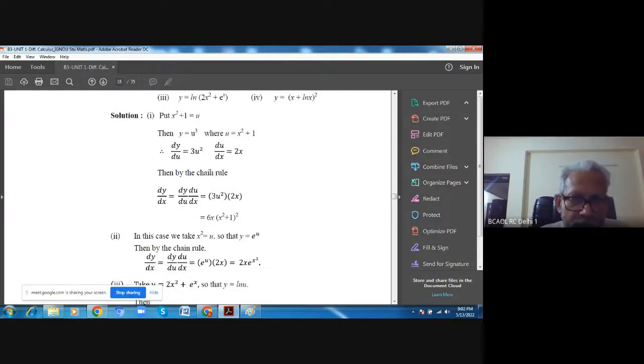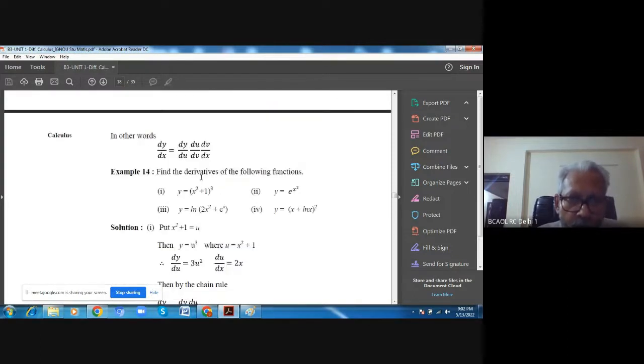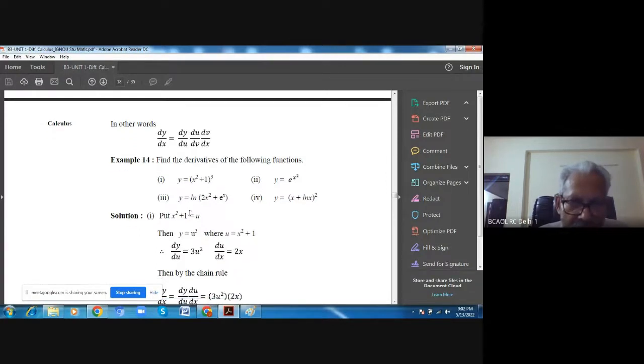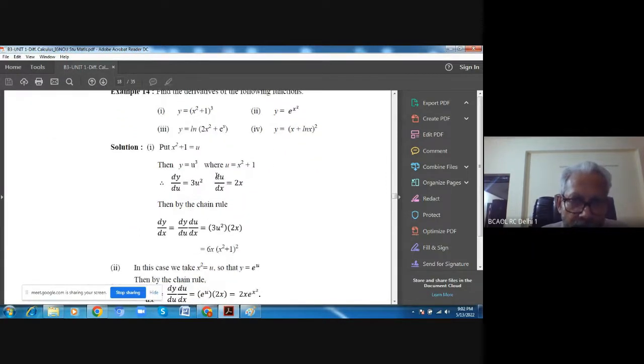Another thing is the chain rule. Chain rule means when there are more variables, then that is another rule. You have to take these things into consideration: dy/du times du/dx. You see when u is there, x is also there, and y is also there. There are three things involved.